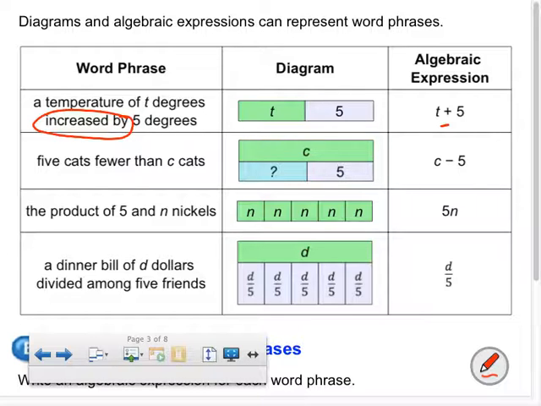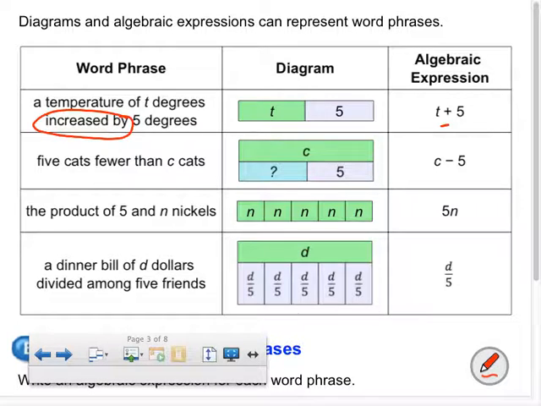Now there's more keywords than increased by. What are some other keywords for addition? Altogether. Does somebody have another one? For addition, a keyword? Add to. The sum, nice. Anybody got another one? Plus, okay. There's a few.